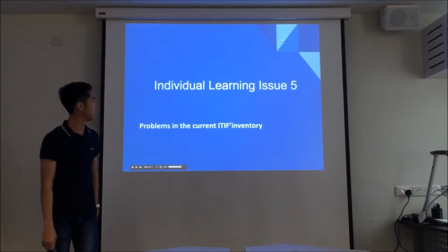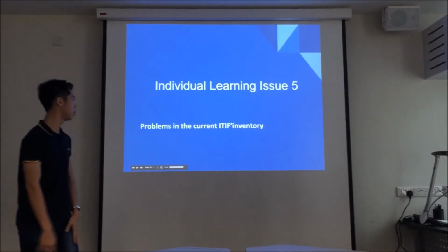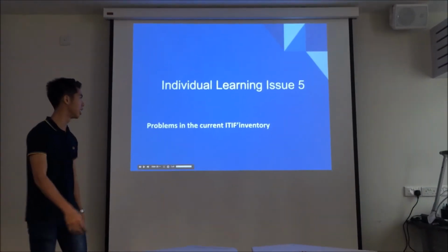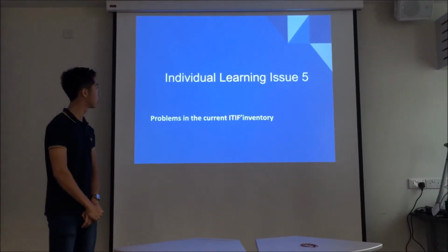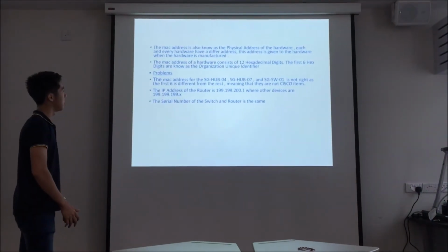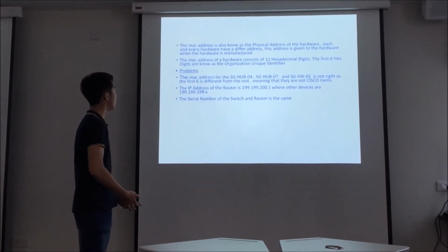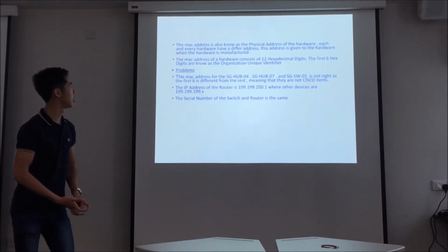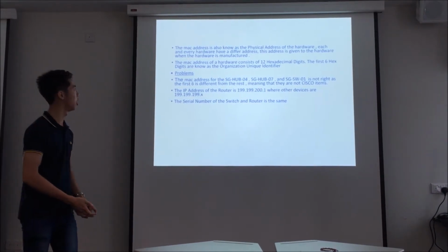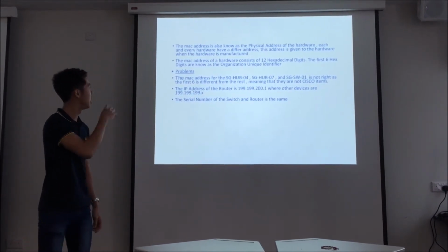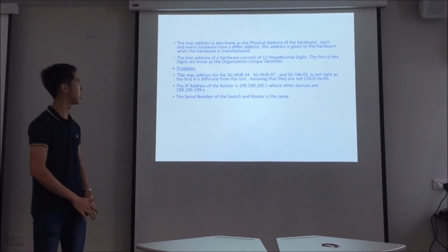Okay, so now we'll talk about learning issue 5, which is problems in the current ITIF inventory. First, we need to know what can be the problems. So, what is a MAC address? The MAC address is also known as the physical address of the hardware. Each and every hardware has a different address.